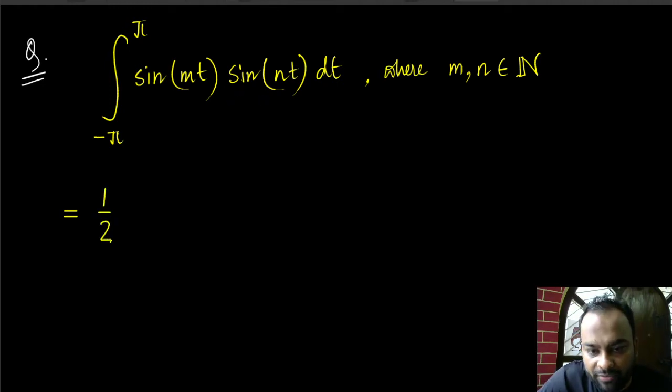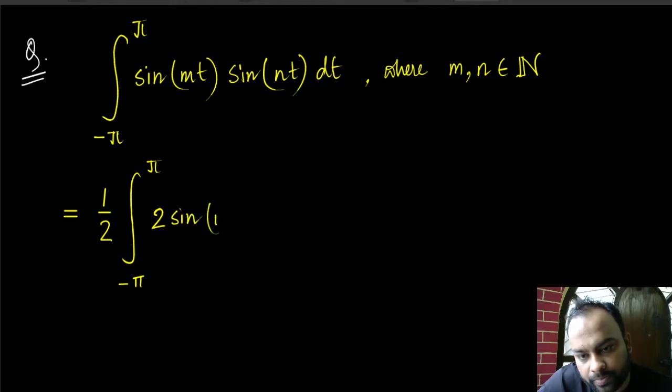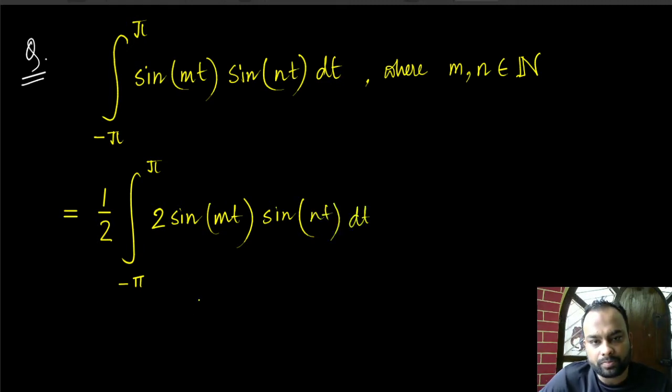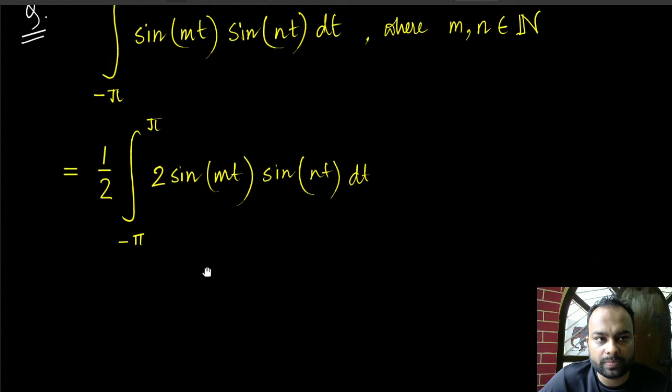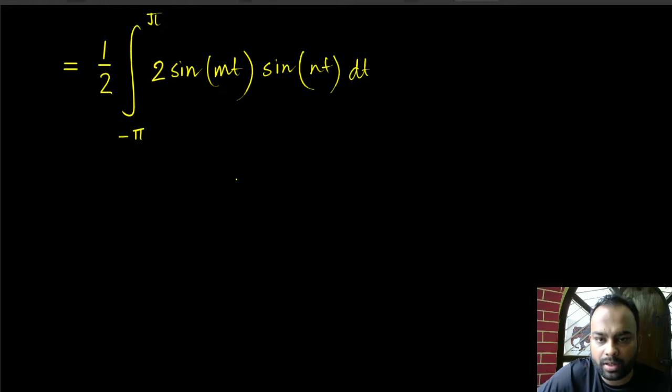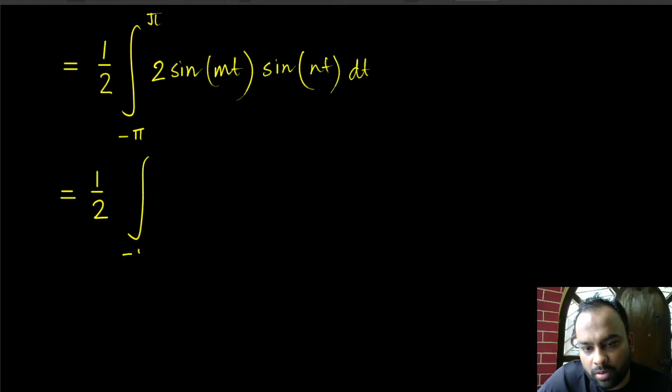So let me just put a half outside, and we'll have this. I don't think there is any problem with this. With this integration, we already know from our 11th standard that we can simplify this as this.